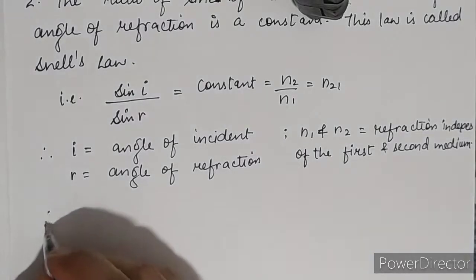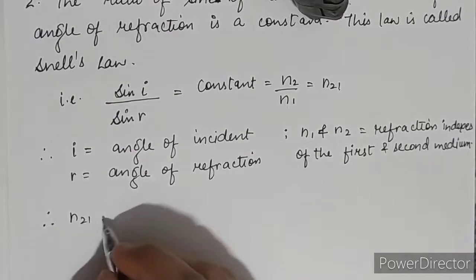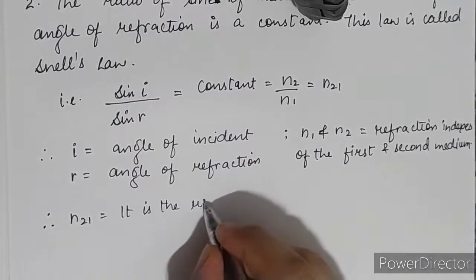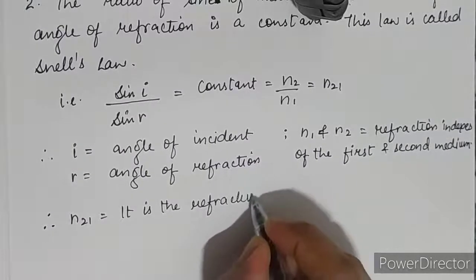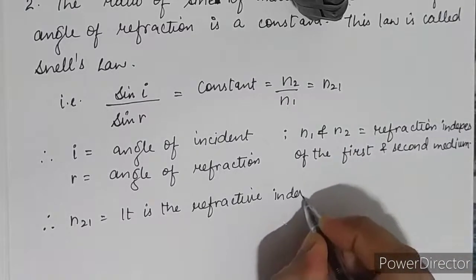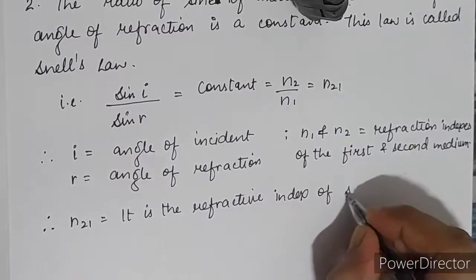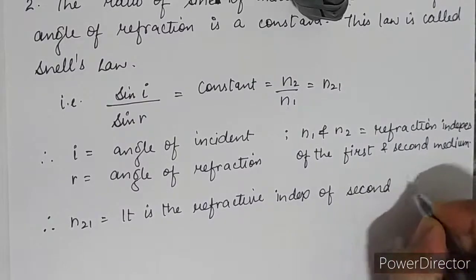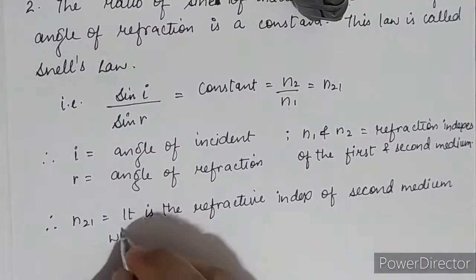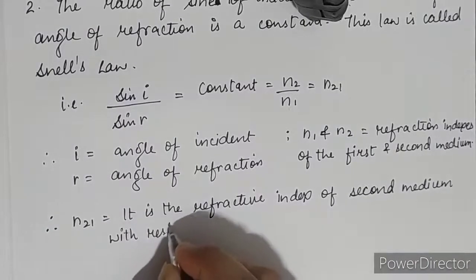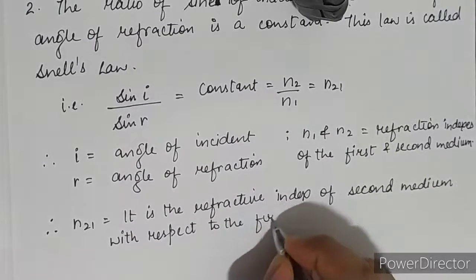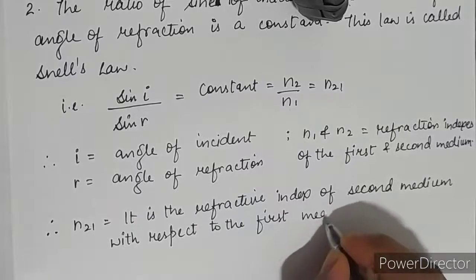What is that? That also I am writing down so it will be clear: n is the refractive index of the second medium with respect to the first medium.